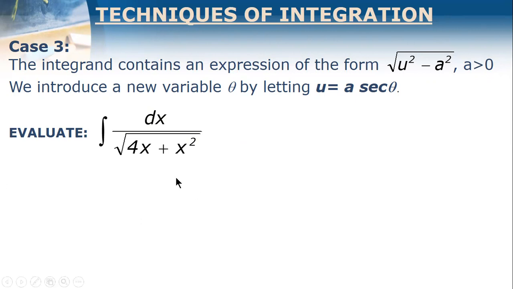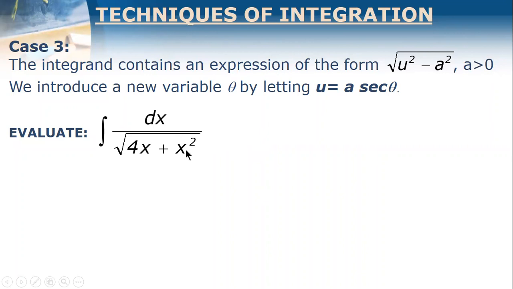So take note that the denominator, or the radicand, the term under the radical sign, is not in the form u squared minus a squared. So what we are going to do is to convert this into the form u squared minus a squared.